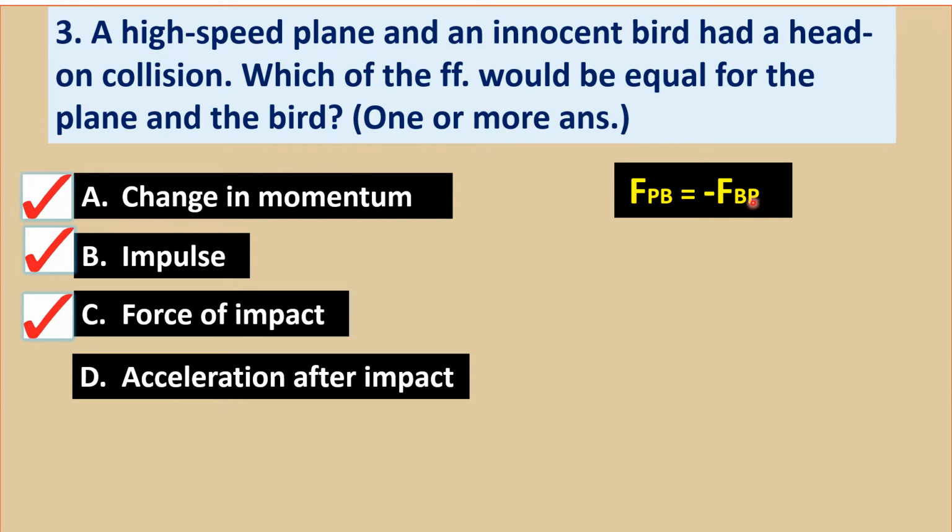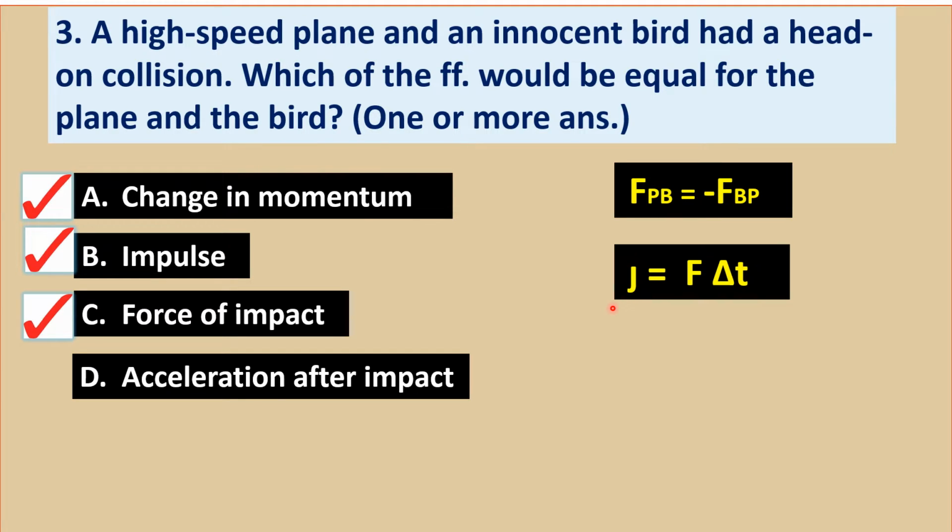So, that explains why option letter C is correct. The plane and the bird will be experiencing the same amount of force when they collide with each other. Newton's third law is the answer or the key.